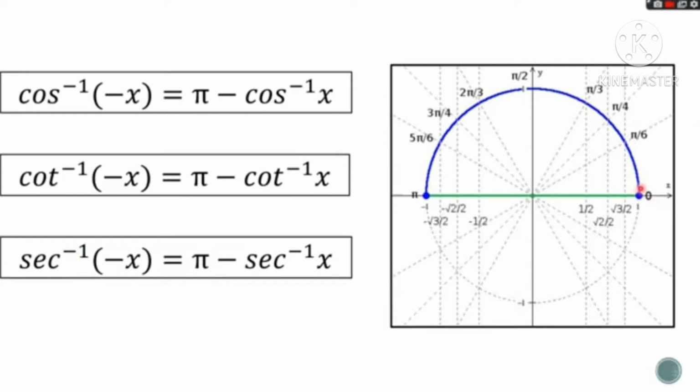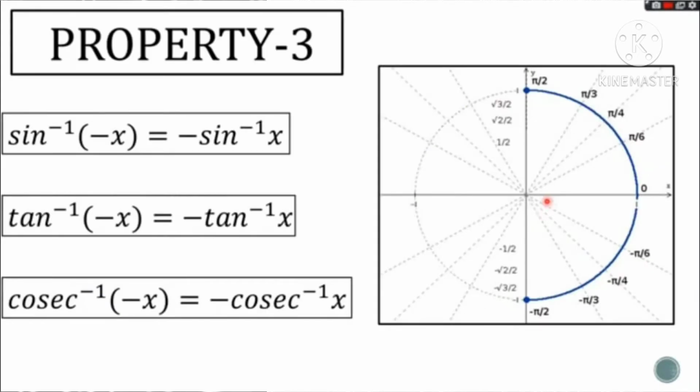Why does this happen? Because of the range. We know that for sine inverse, the inverse of sine, the range is minus pi by 2 to pi by 2. So for sine inverse, tan inverse and cosec inverse, we have the range minus pi by 2 to pi by 2. Whereas for cos inverse, cot inverse and sec inverse, the range is 0 to pi. So for the first three types, when the x value is positive, your answer is in the first quadrant.